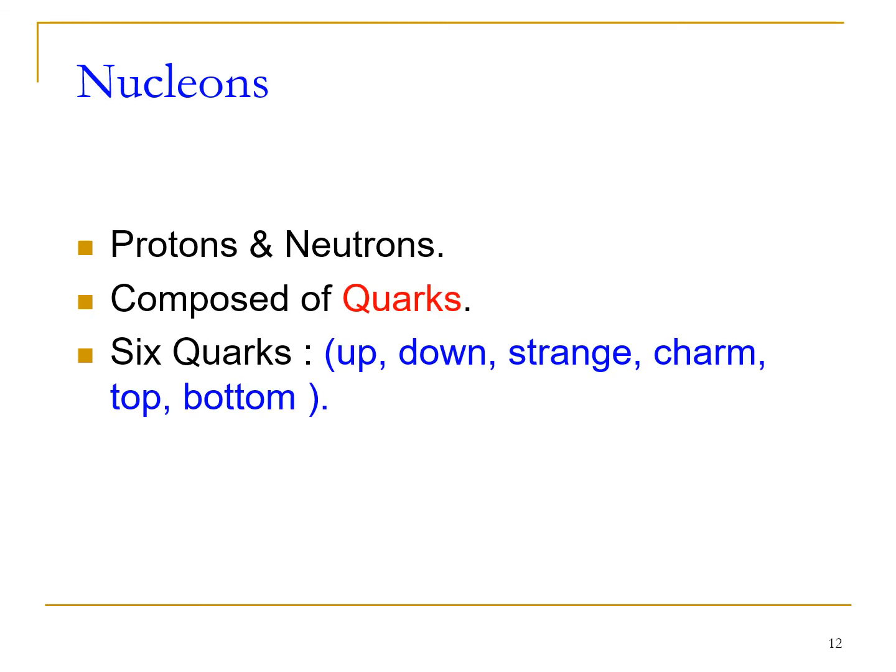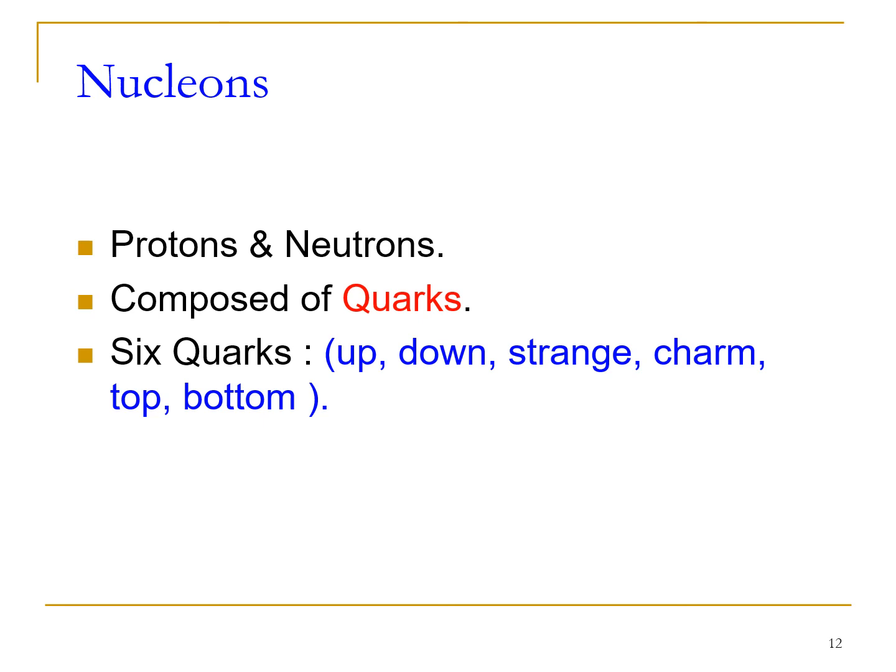So protons and neutrons, that is nucleons, are the constituents of a nucleus, and these protons and neutrons are not indivisible. They are composed of smaller entities which are called quarks.